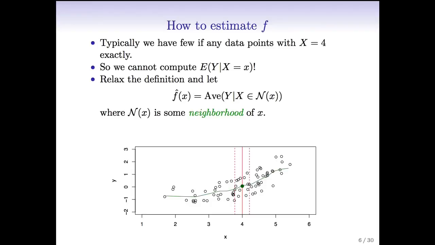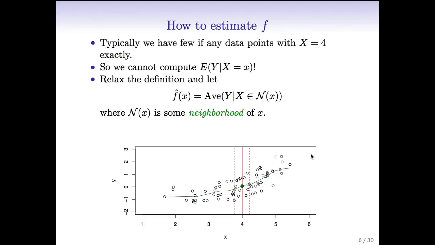Okay, so that's all nice. Up to now, this has been somewhat of a theoretical exercise. Well, how do we estimate the function f? The problem is we can't carry out this recipe of conditional expectation or conditional averaging exactly, because at any given x in our data set, we might not have many points to average. We might not have any points to average.